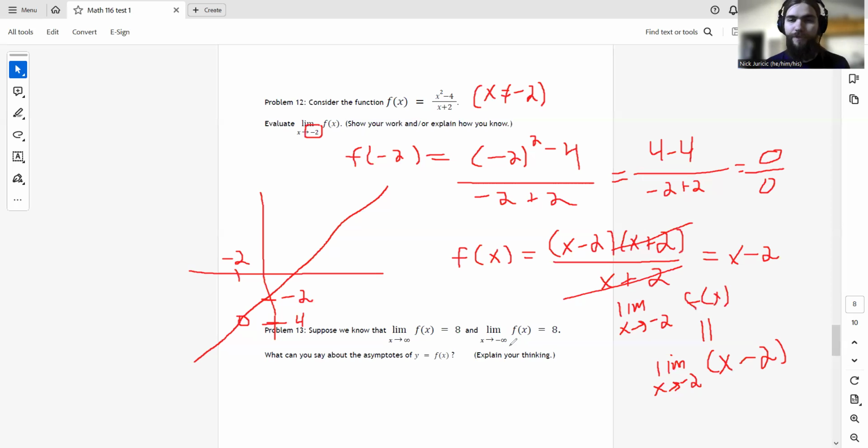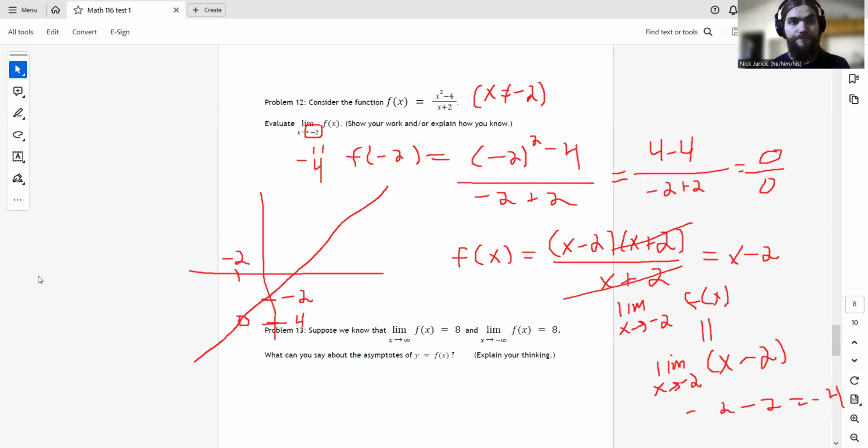But that's okay for limits because limits don't care what happens at a point. They care what happens around. So if we plug in minus 2 for x, we get minus 4. This limit is equal to negative 4.